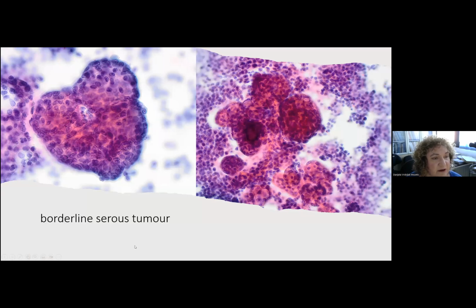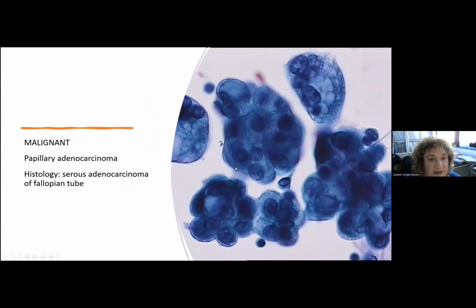Another example of the cells originating from the borderline serous tumor from our cases, and you can see here psammoma bodies, which are typical for the serous tumors. The next example is malignant, a papillary adenocarcinoma, a serous adenocarcinoma of the fallopian tube.